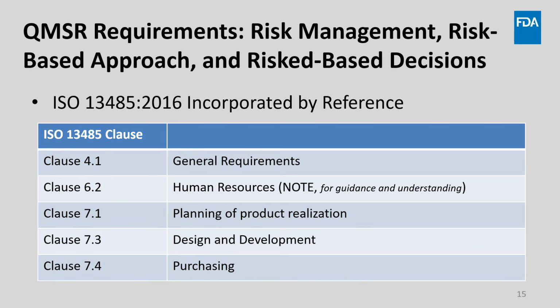These requirements for risk management, use of a risk-based approach, and making risk-based decisions are included throughout multiple clauses of ISO 13485, including Clause 4.1 for general requirements, Clause 6.2 for human resources, guidance and understanding, Clause 7.1 for planning of product realization requirements, Clause 7.3 for design and development requirements, and Clause 7.4 for purchasing requirements.